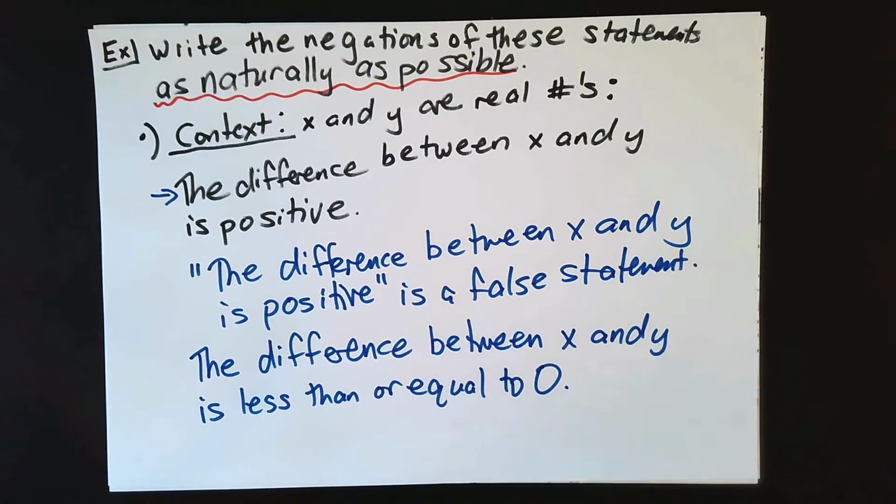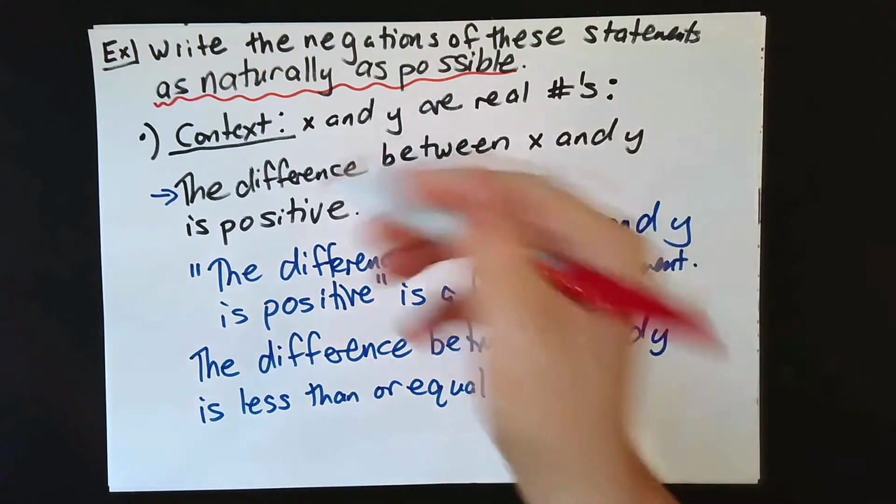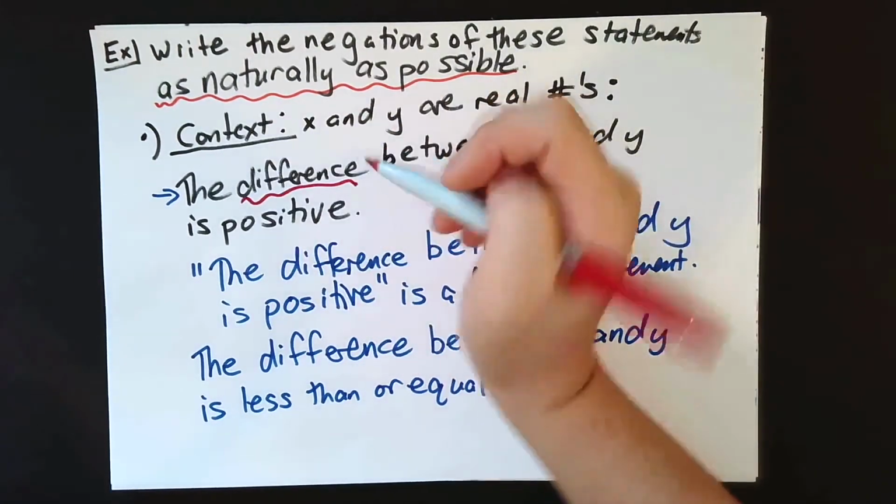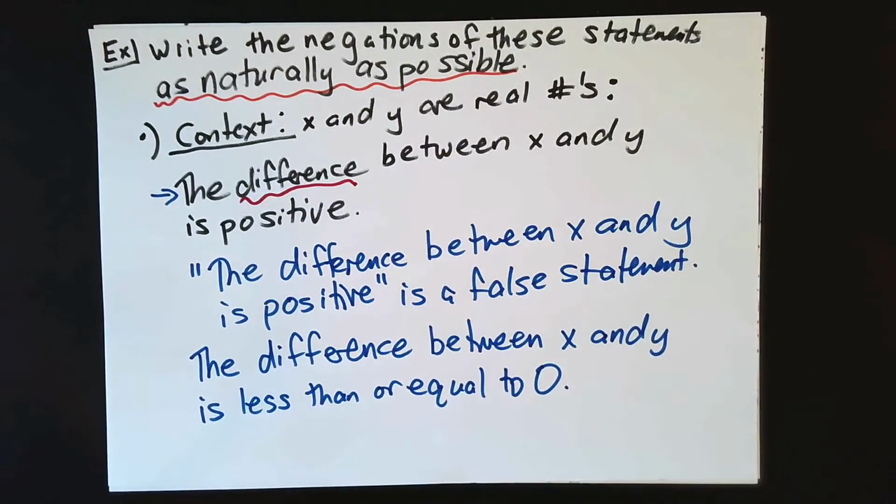Let me go over a few gotchas that might have come up when you were writing down the negation of this. So first, it's really tempting to think of negations as being opposites. And while the negation is a logical opposite, it really doesn't have anything to do with opposite in the sense that we usually do. So you might be inclined, when you see a word like difference, to think, aha, the opposite of a difference is a sum.